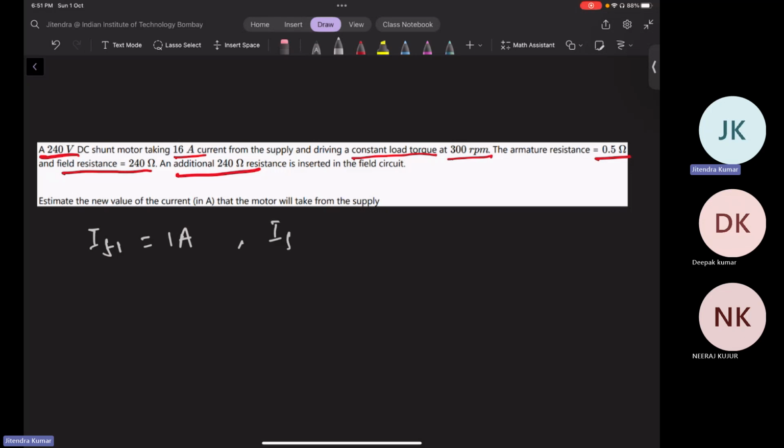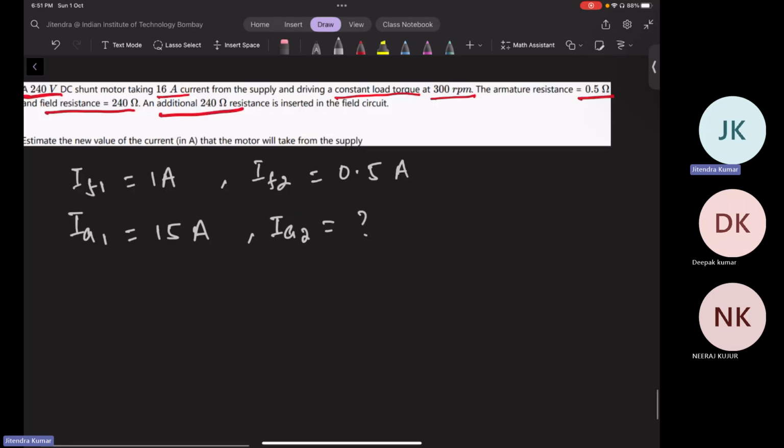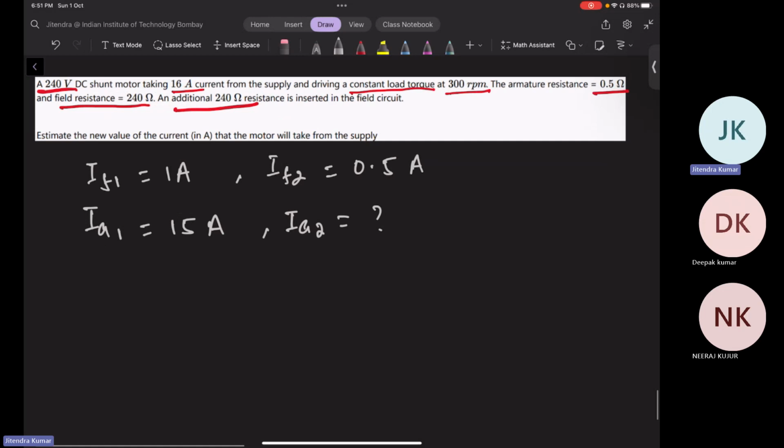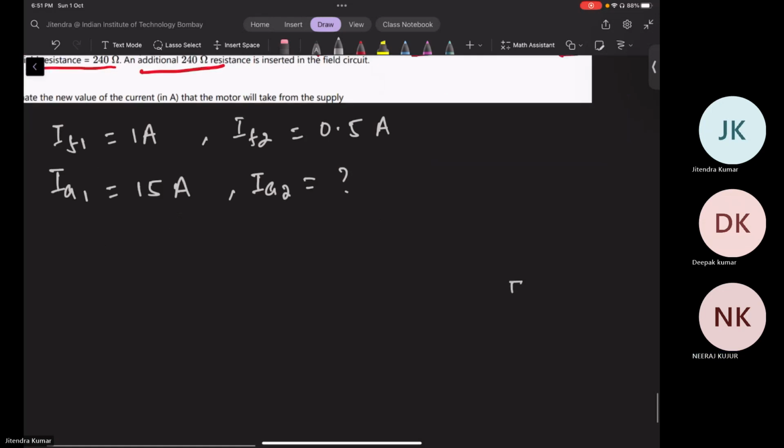Now if2 is 0.5. Initially ia1 was 15 amps, but ia2 we have to find out. Why did I write ia1 is equal to 15 amps? Because if you draw that circuit, 16 minus 1, exactly.